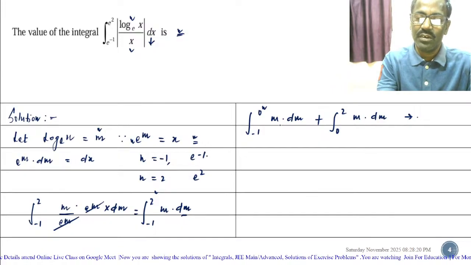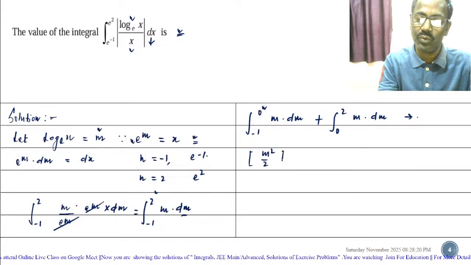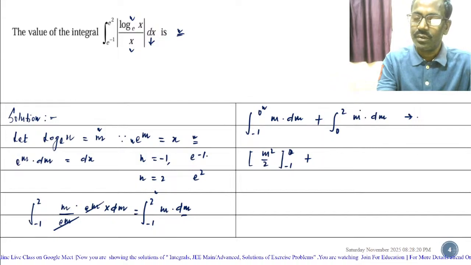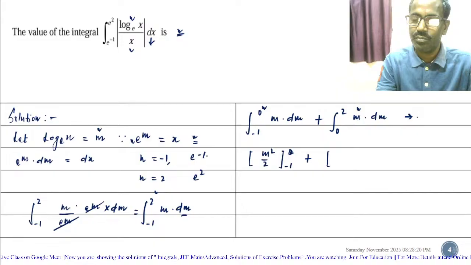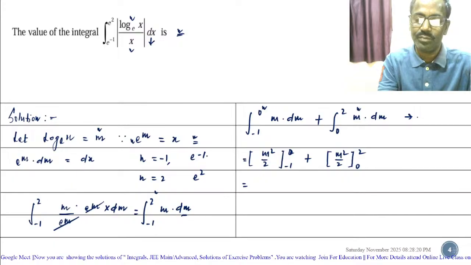The integral of m into dm will be m square by 2, from minus 1 to 0, plus m square by 2 with lower limit 0 and higher limit 2.